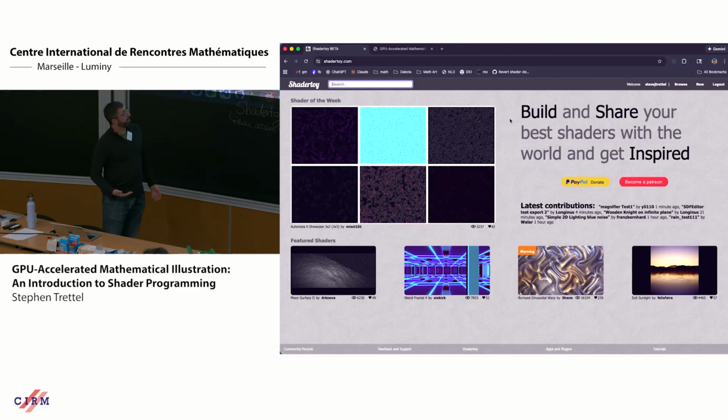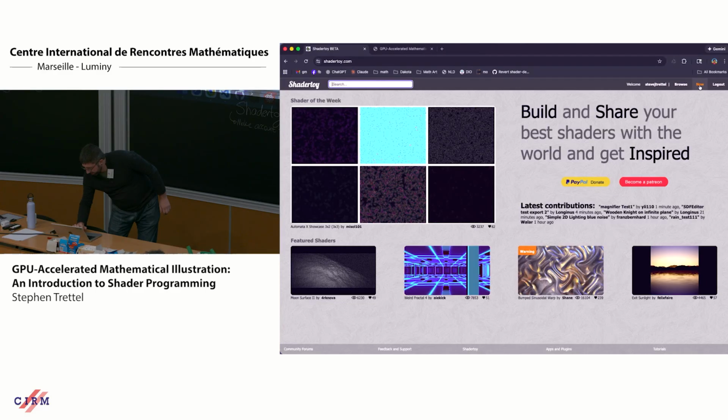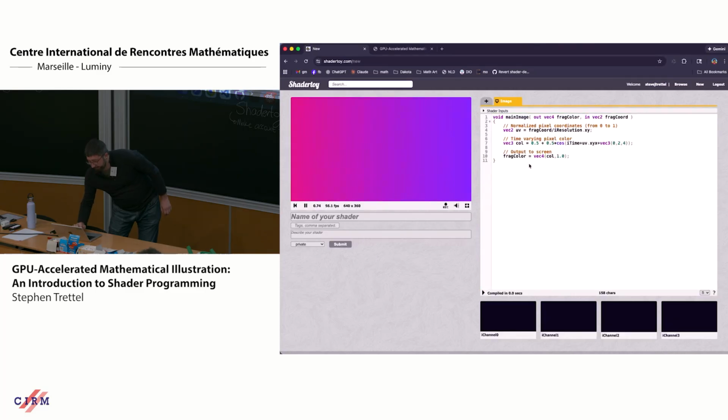So the first thing I want you all to do, I know there's been some trouble with the internet if people are not logged in, but if you do have internet connection, go to shadertoy.com right here and make yourself an account. Even if you don't have an account, you can play around on here in lecture.